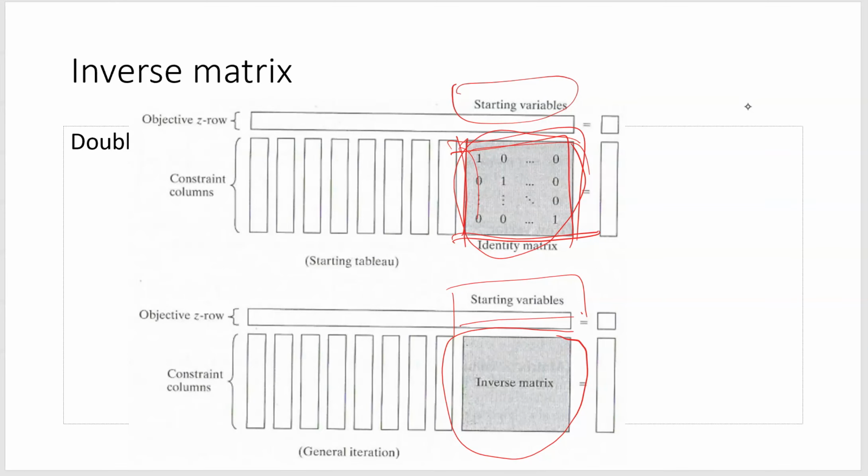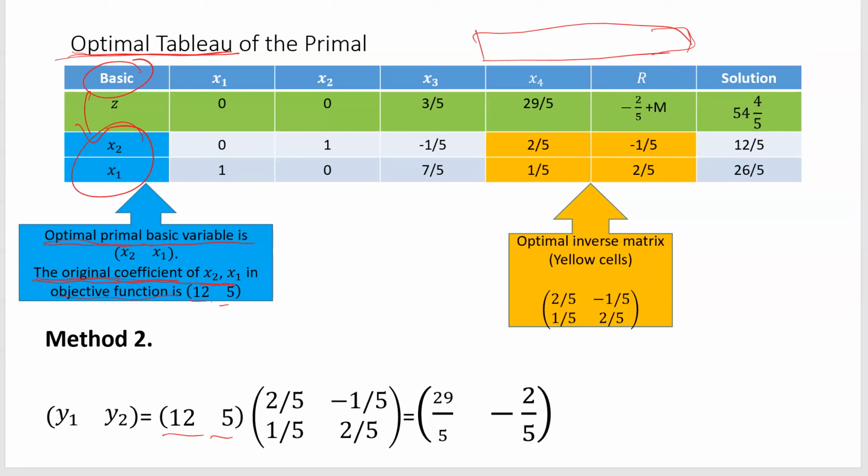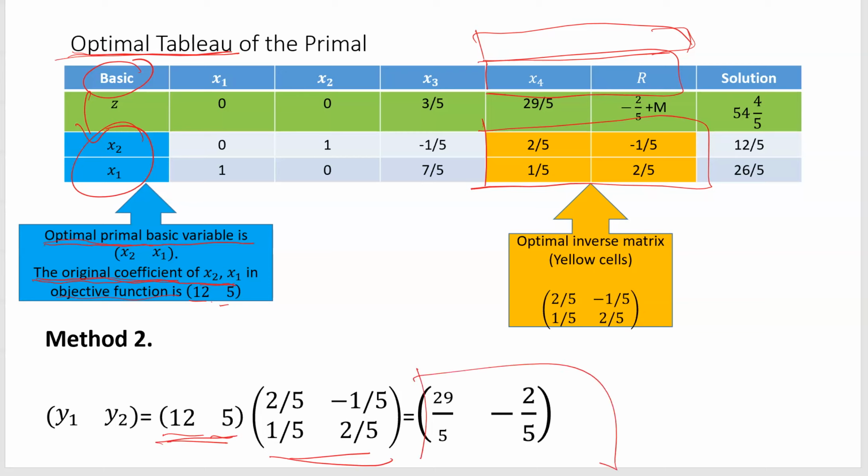In this case, our starting variables are x4 and r, and so in the optimal tableau, the inverse matrix is this. You multiply the two, then you get this matrix. So y1 is 29 over 5 and y2 is minus 2 over 5.